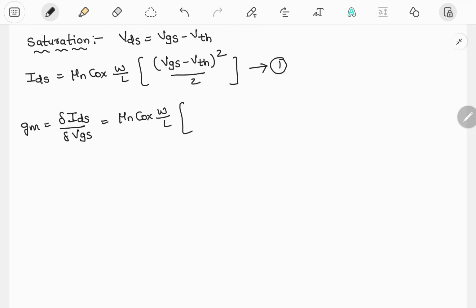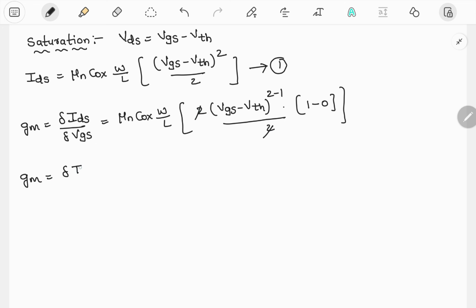This is of the form x power n, which can be written as n into x power n minus 1. So it is 2 into Vgs minus Vth power n minus 1 into the internal differentiation. This part will be 1 minus 0, whole divided by 2. So this 2 and 2 get cancelled. So Gm, which is Ids with respect to Vgs, will be again mu n Cox W by L into Vgs minus Vth.